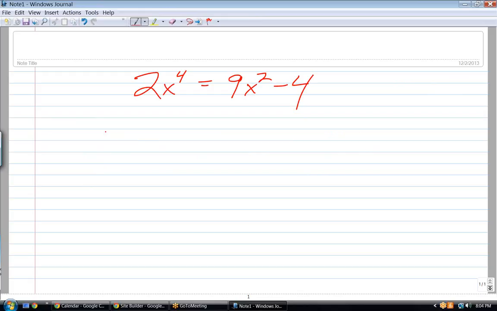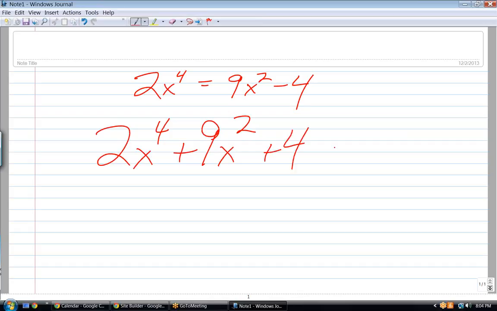So this is 2x to the 4th minus 9x squared plus 4 equals 0. So what does the rational root theorem say? If there's a rational root, its numerator must be what? One of those factors of the constant.